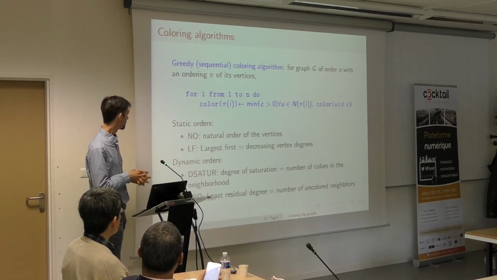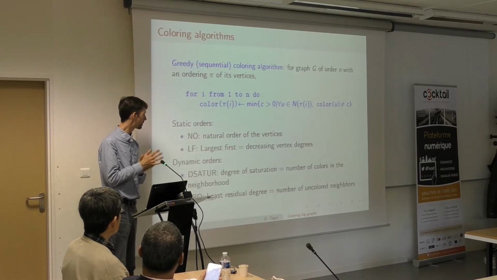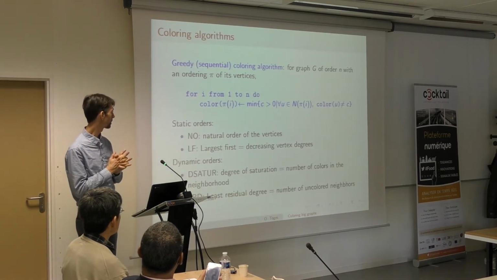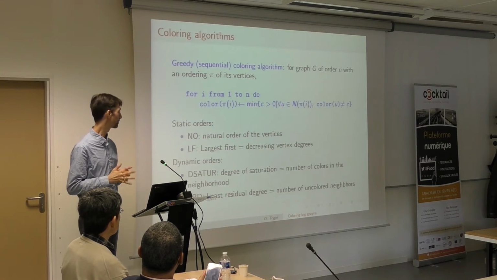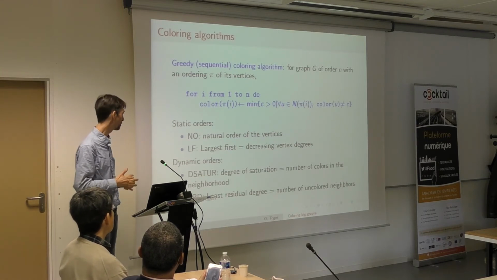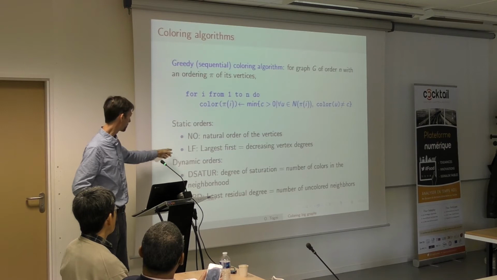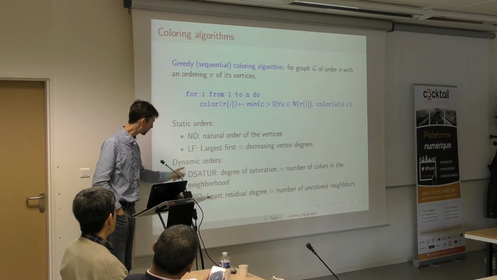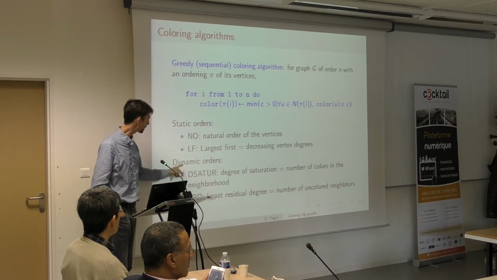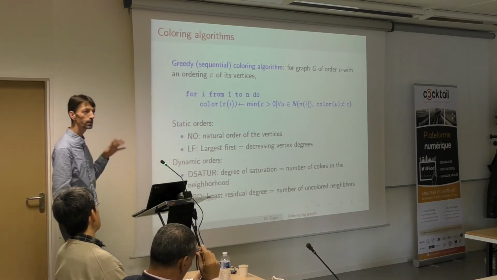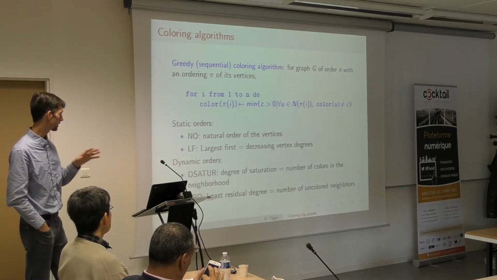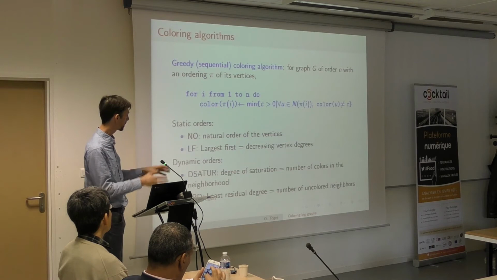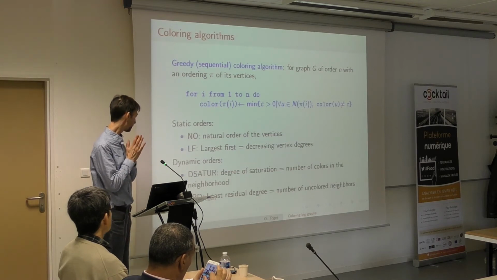But it's not so efficient in practice. Better, you can start with vertices with the largest degree, then second largest degree, and so on. It's better. And even better, you have orderings which are dynamic, so they are not fixed in advance, but depend on what has already been colored in the graph.